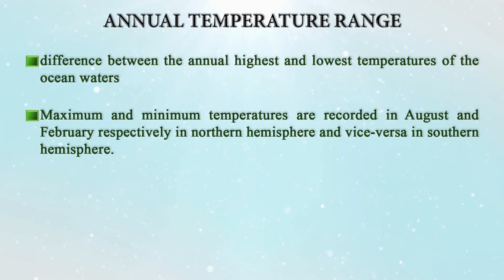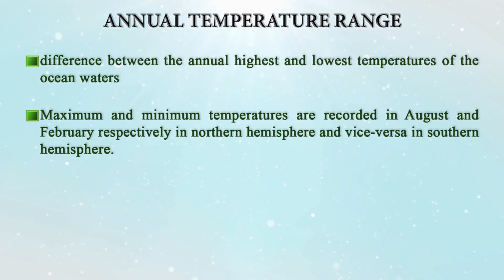But in the case of oceans, the extreme temperatures are studied in the months of August and February, because water has a high specific heat capacity, and so it takes more time to heat up and cool the water compared to the land areas.